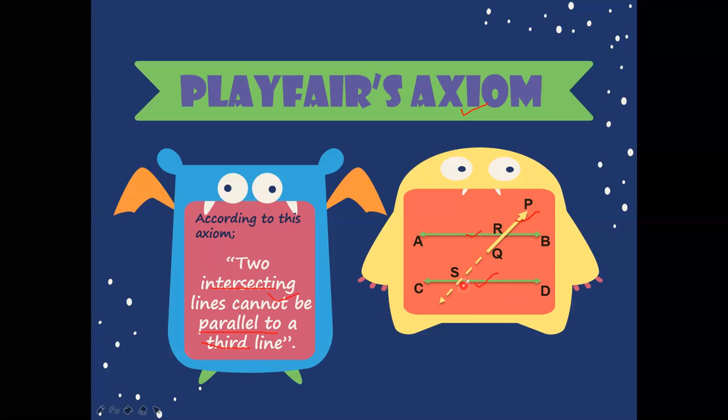Now, why are we learning this? Because in Playfair's axiom, multiple angles can be formed. Now let's check out what types of angles can be formed. Please keep in mind line AB, line CD, PQ, RS.